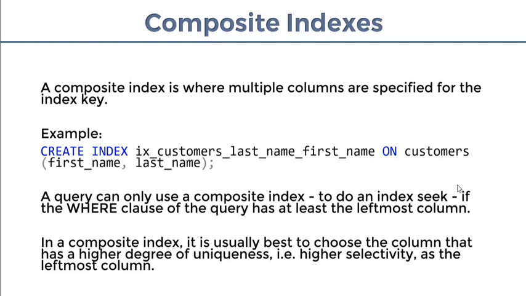In a composite index, it is usually best to choose the column that has a higher degree of uniqueness, higher selectivity, as the leftmost column.